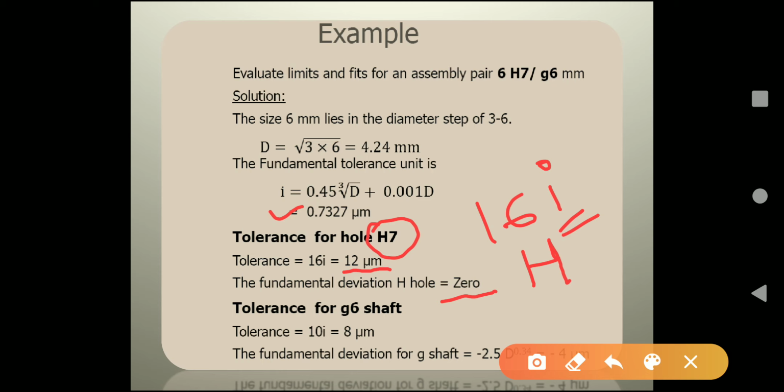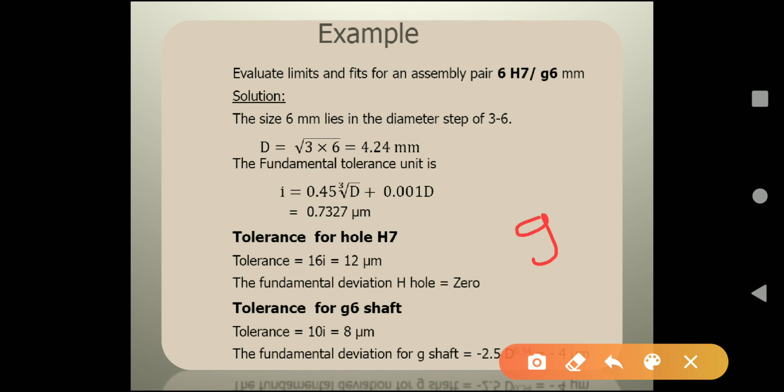Jumping to the next tolerance zone, that is for g6. Here the small letter g designates the type of shaft, and we are going to calculate the tolerance zone for the shaft.